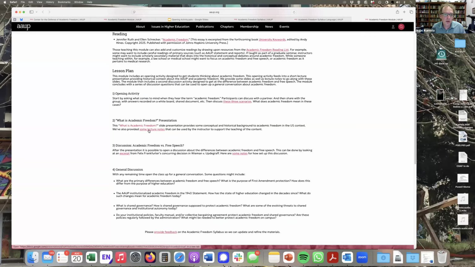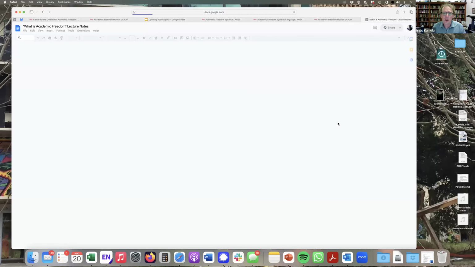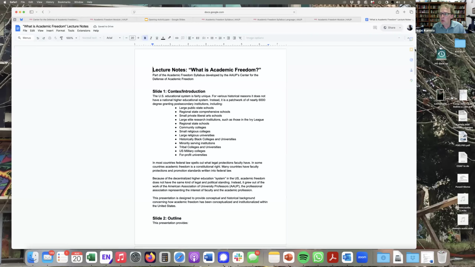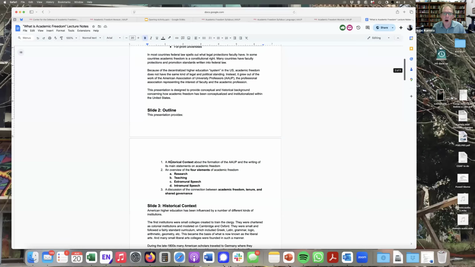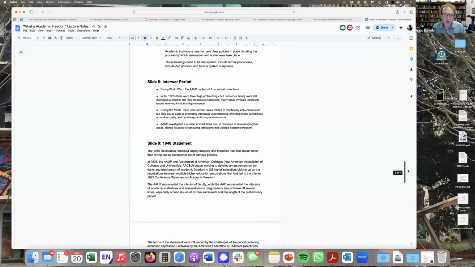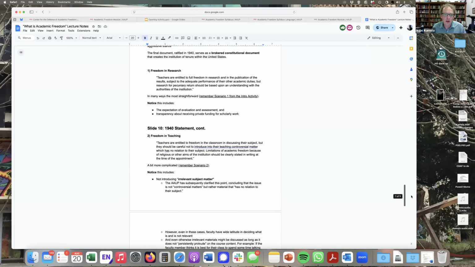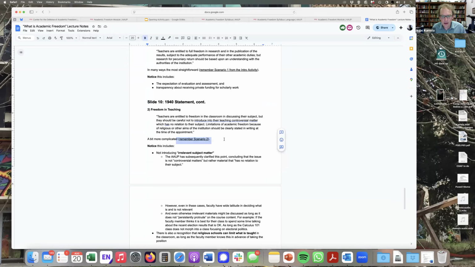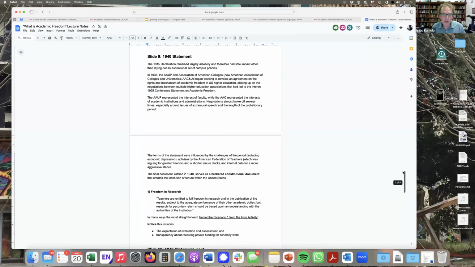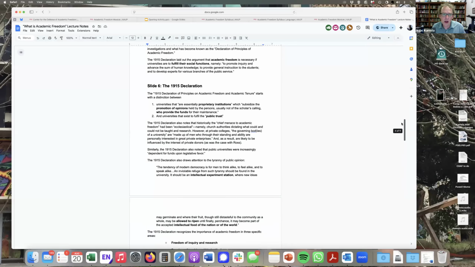And in addition to the PowerPoint presentation, we also have lecture notes that go along with those slides, right? They give you additional material that's not on the slides, including some suggestions about how to tie the content in the PowerPoint slides with the opening activity and conversation.